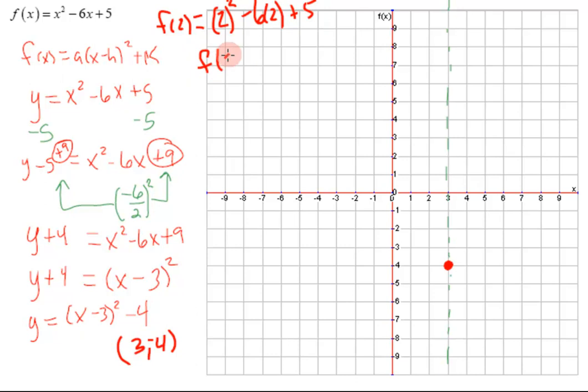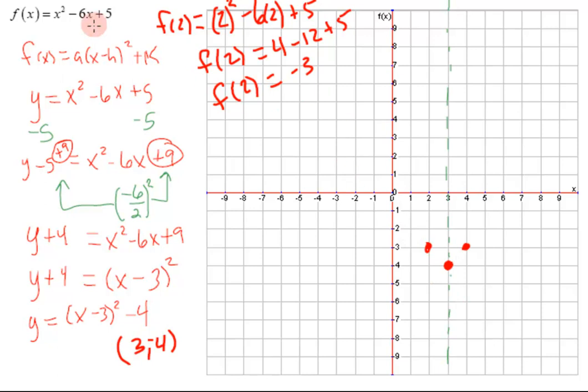So f of 2 equals 4 minus 12 plus 5. So negative 12 plus 9, f of 2 equals negative 3. So at 2, I have negative 3 for an answer. But then because of symmetry, if I put in 4, I should get the same thing. Then you can get another point if you'd like.